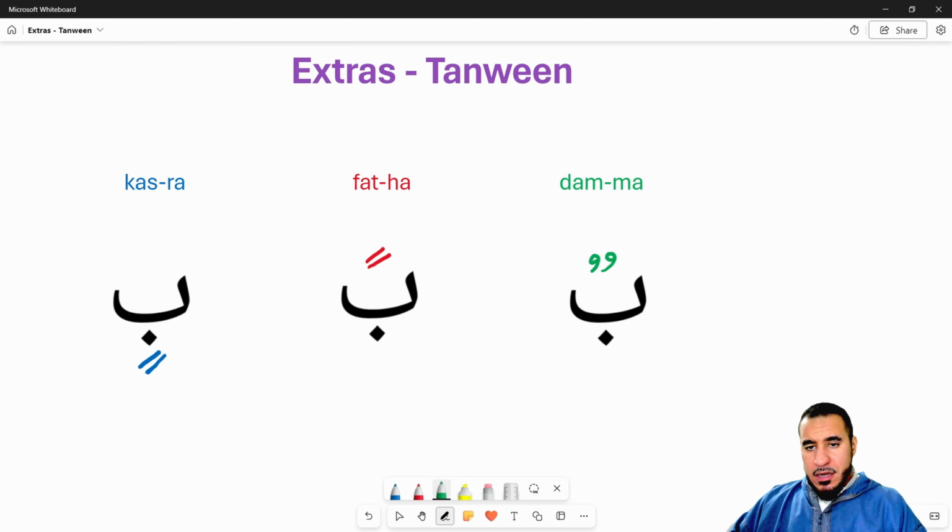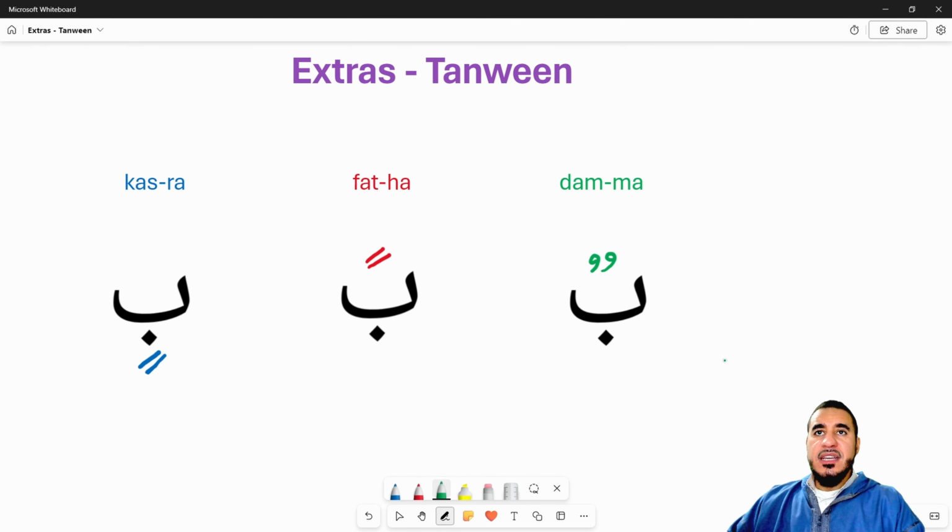So in today's class, we're going to look at the tanween. So what is the tanween? The tanween essentially is the doubling of a haraka. It is the doubling of a vowel or diacritical mark.